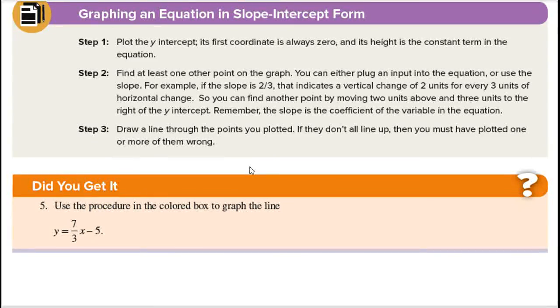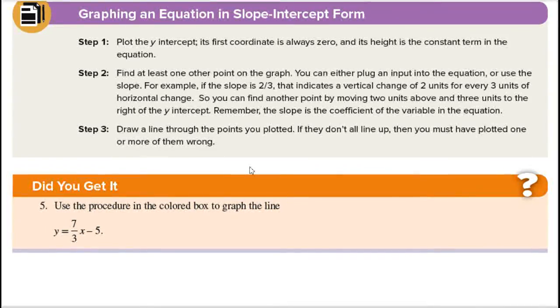If they don't all line up, then you must have plotted one or more of them wrong. And they're always going to be a little bit off when you plot things by hand, just because, as you saw, it's hard to be precise in the graph. That's why I drew big points. Okay, so do the Did You Get It?